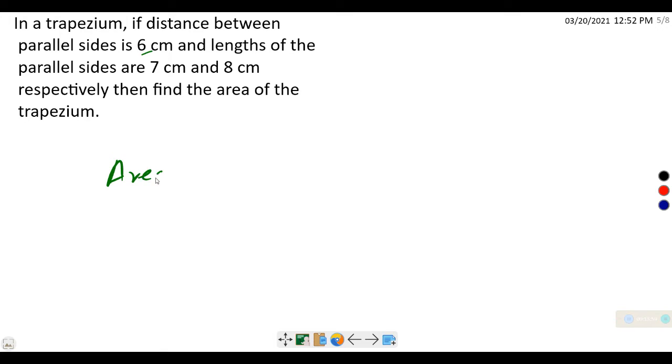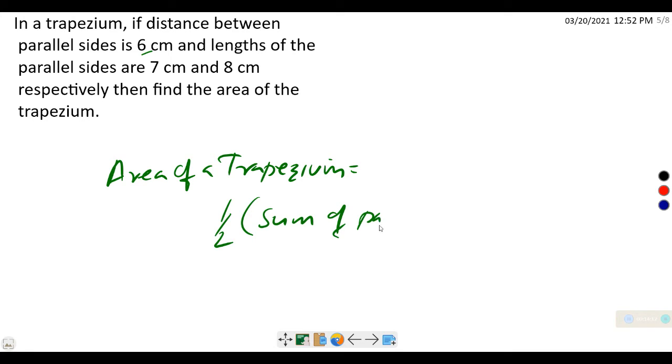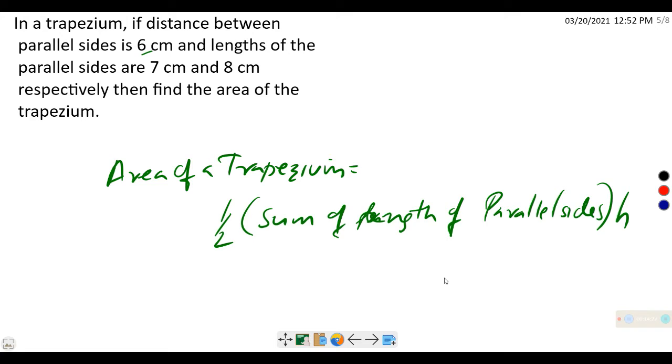The area of a trapezium is calculated by half into sum of length of parallel sides multiplied by h. So this is the main aspect of this part of the video, where you could learn how to derive the formula to calculate the area of a trapezium and what the formula is.